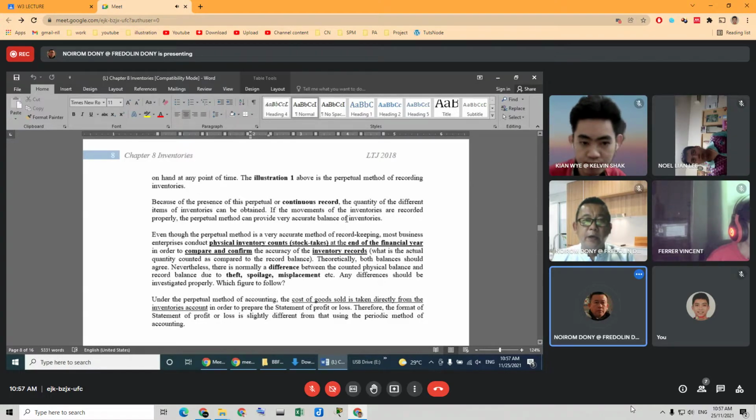Okay. But even though perpetual method is very accurate, the business need to conduct physical inventory count, meaning physical stock taking. Yeah, at the end of financial year, for instance. Normally they do it only at the end of the year in order to compare and confirm the accuracy of the inventory record in the stock ledger.